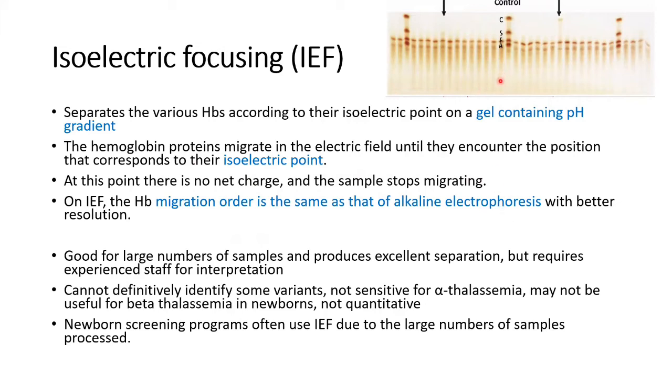This is the representative gel which you can see on top, but this has better resolution compared to the alkaline gel electrophoresis. Another advantage is that we can run many more samples in isoelectric focusing. However, it requires experienced staff and there are many other drawbacks to this method. So this is also not largely used by labs. It's mainly employed in newborn screening programs to detect S or C variants.